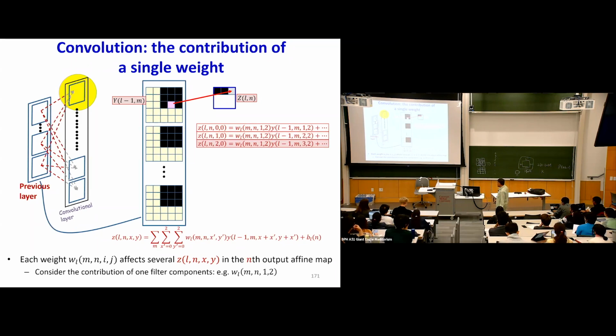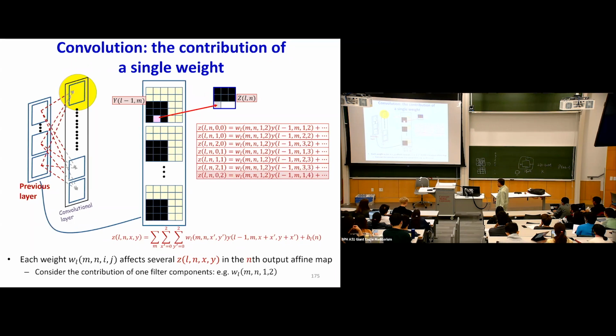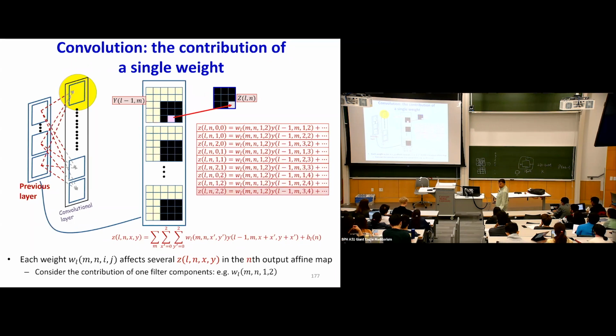The same relationship holds at every position. So I can generally say Zxy at any xy is W12 times Y(x+1, y+2), correct? Because the indices of Z and W sum to give you the index of Y, right?